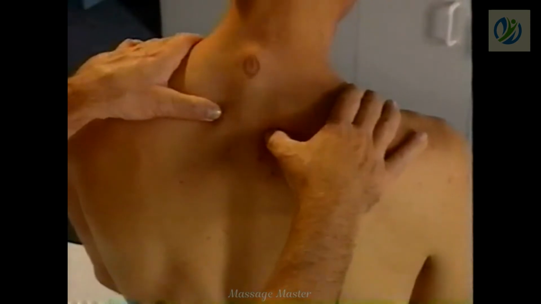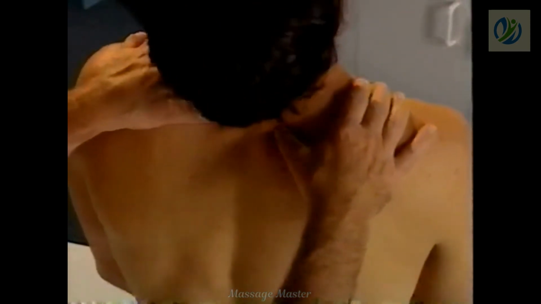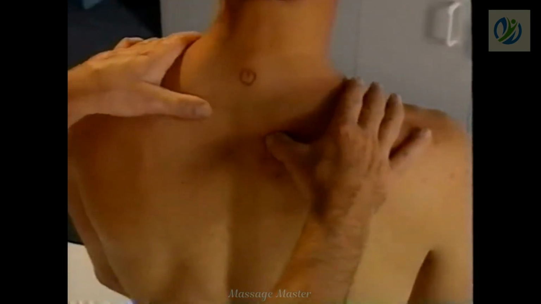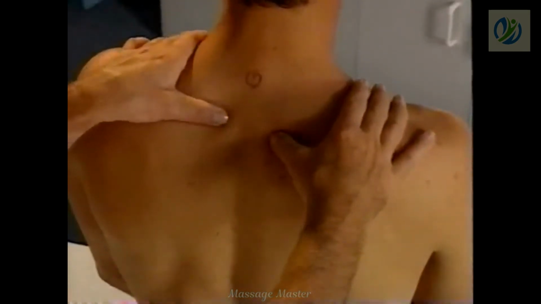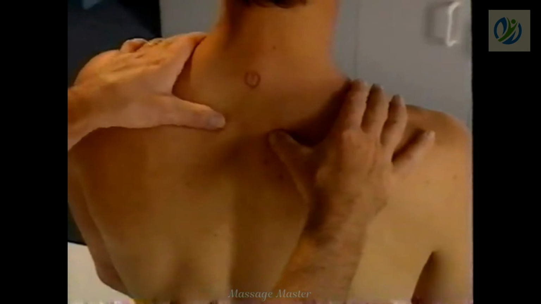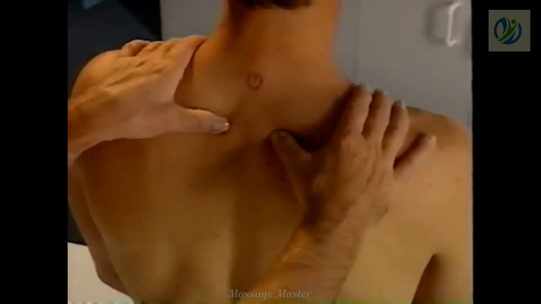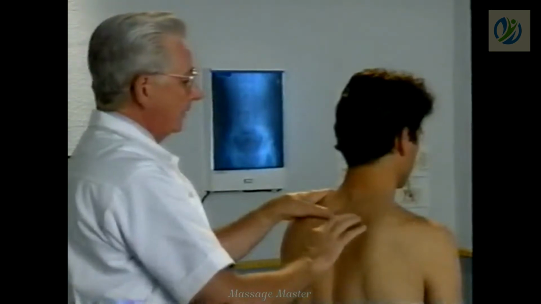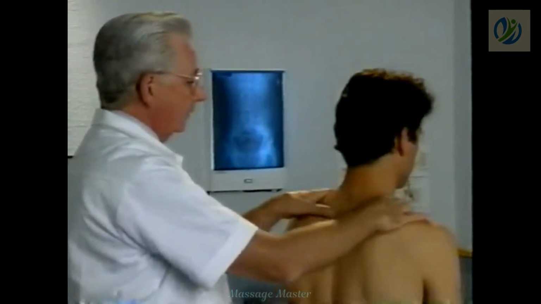Look up at the ceiling. Keep going. That's good. And straight. When he comes into backward bending, I feel this left transverse process come back and match the one on the right side. So something is preventing the right side of this segment moving forward.